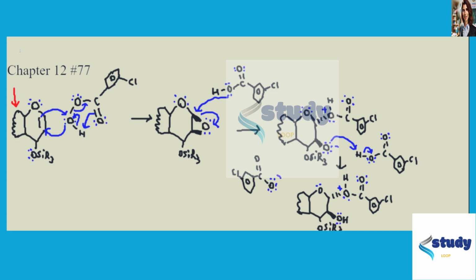Here's the conjugate base that we made, the carboxylate ion. That can grab this proton, and those electrons can revert to this oxygen. That gets us to our final product here.